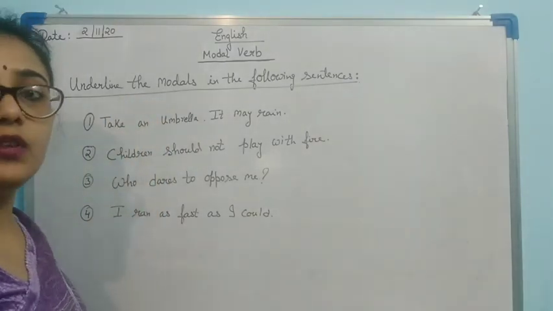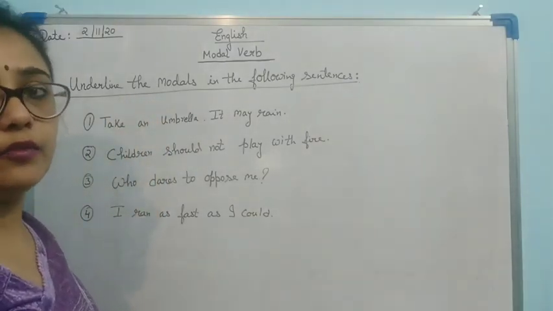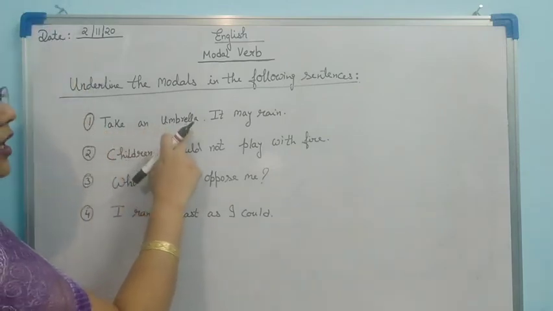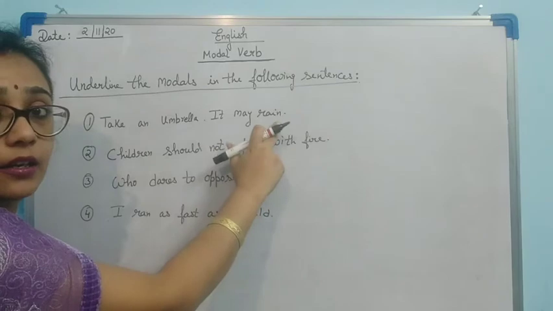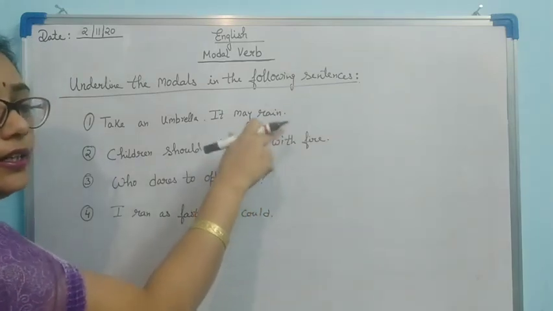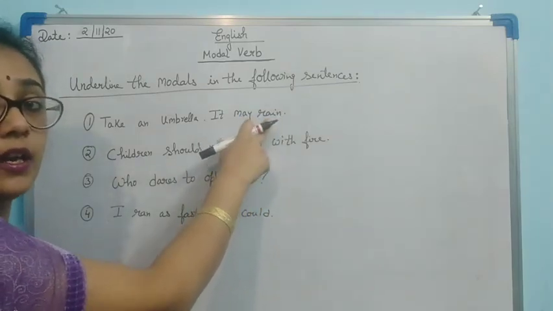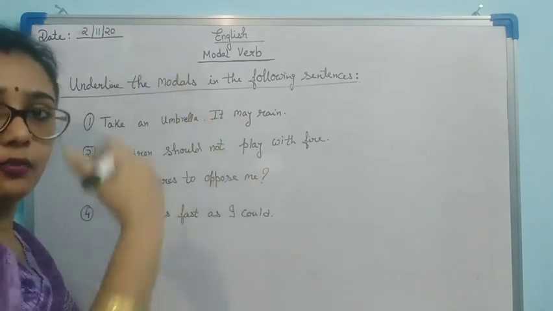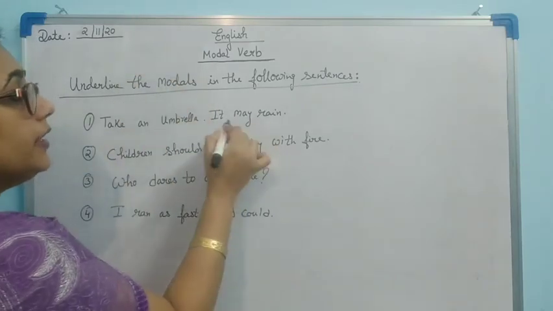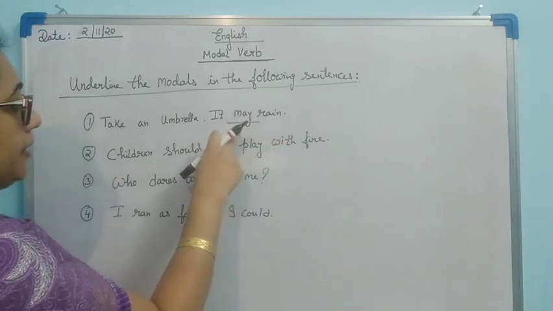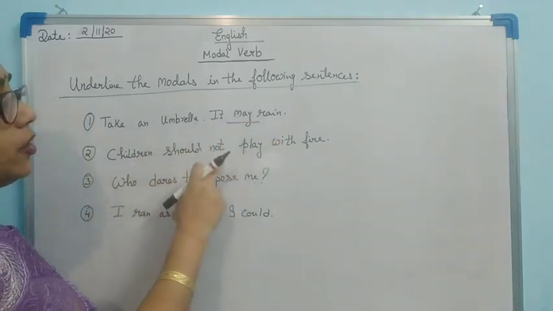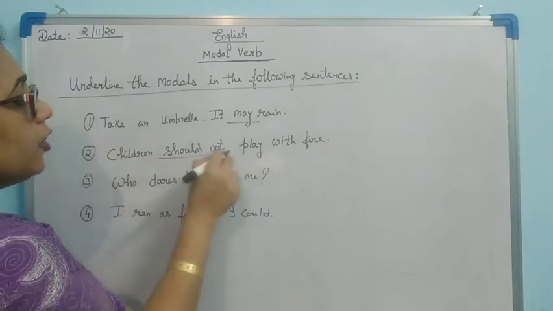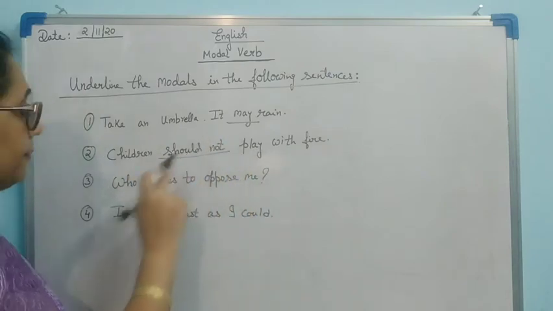In that we will see what is a helping verb or what is a modal. Okay, take an umbrella, it may rain. Rain, here it is a verb. Why? Because it is the doing word. It is showing that water can fall or rain will come. It is the helping verb, may. Children should not play with fire. Play is the verb, should not is the helping verb.